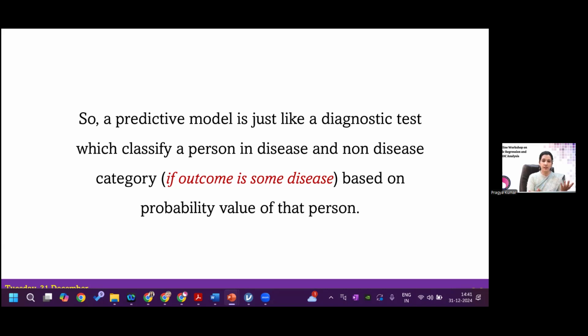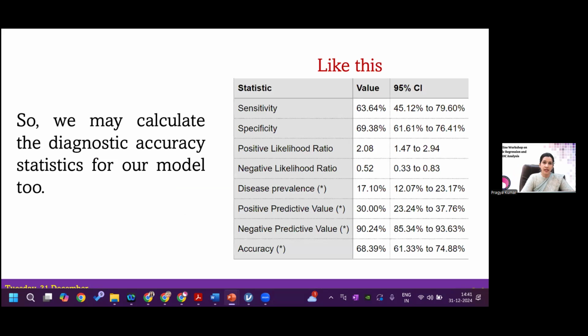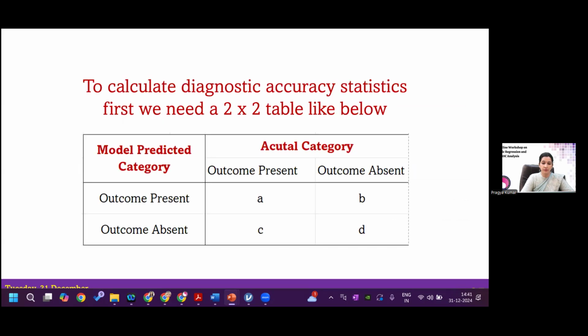If the predictive accuracy of your model is very good, and if it is an improvement, then you can say based on the model whether that person is having a chance of getting the surgery cancelled or not. And you can calculate diagnostic accuracy statistics of your model, like sensitivity, specificity, positive likelihood ratios. We'll discuss these concepts about the positive and negative likelihood ratios and the predictive values.